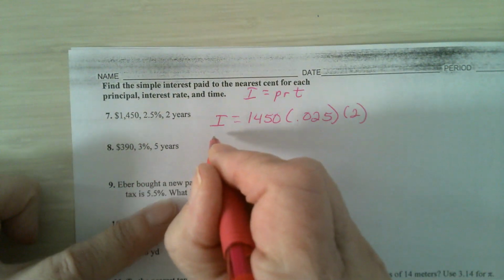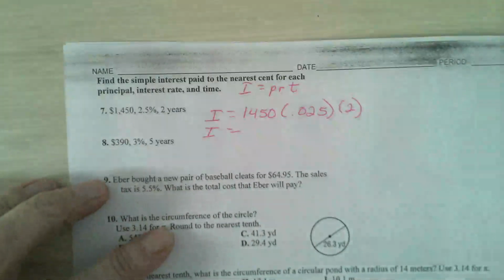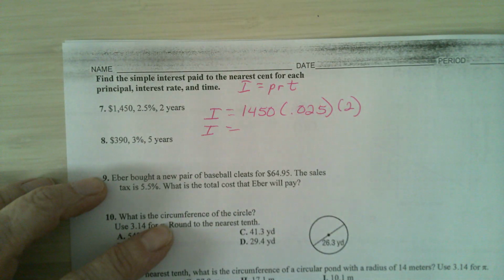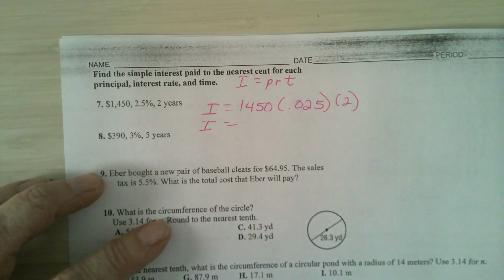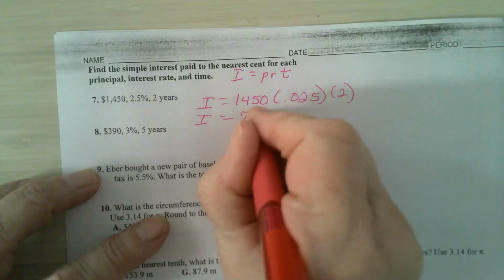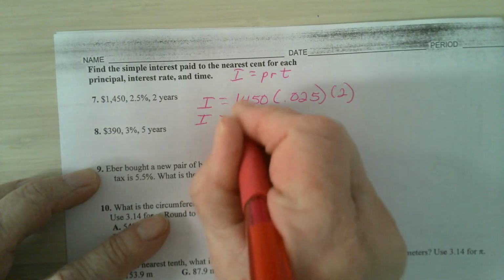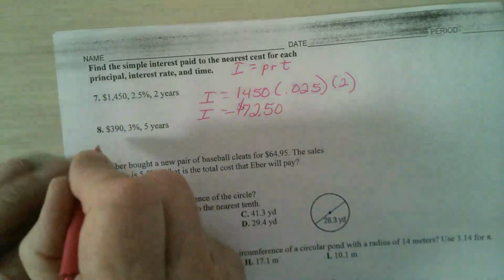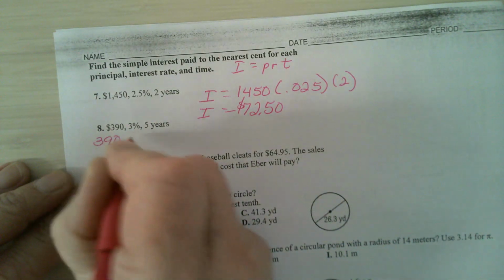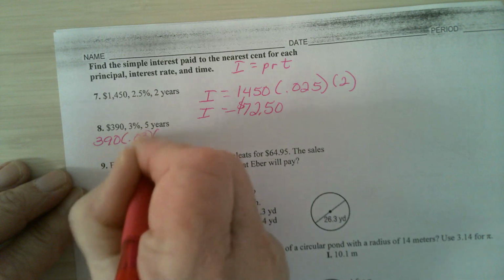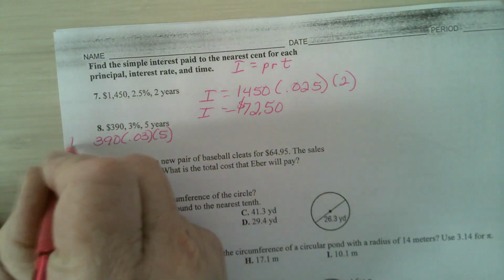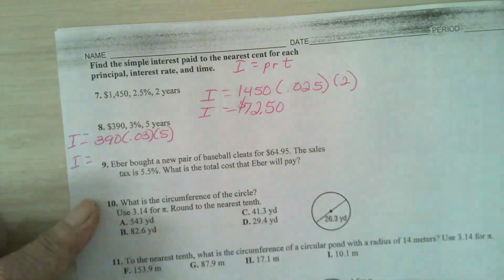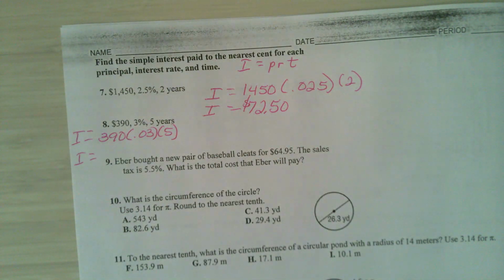And when you multiply those together, you are going to get what did you get for your answer on that one? $72.50. For the next one, 390 times 0.03 times 5. And what did you get for that one? What's your answer on that one, Mary Kate?